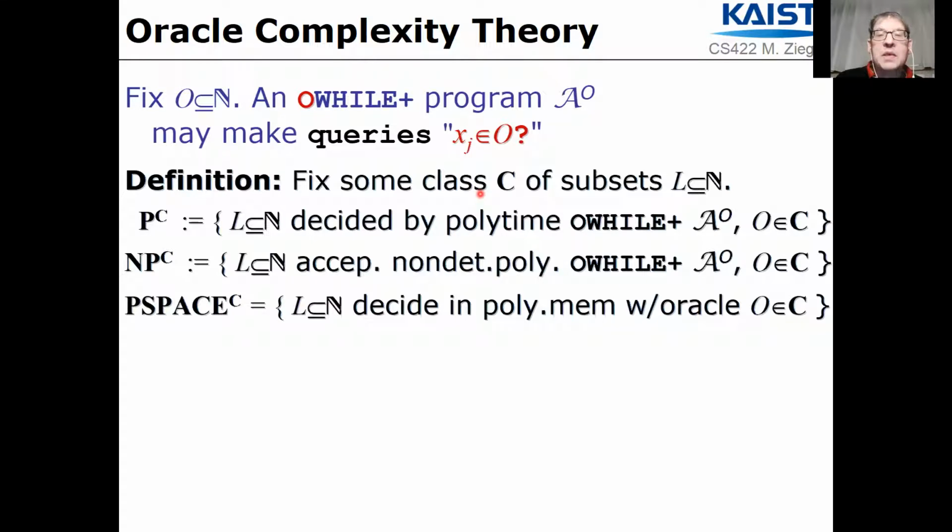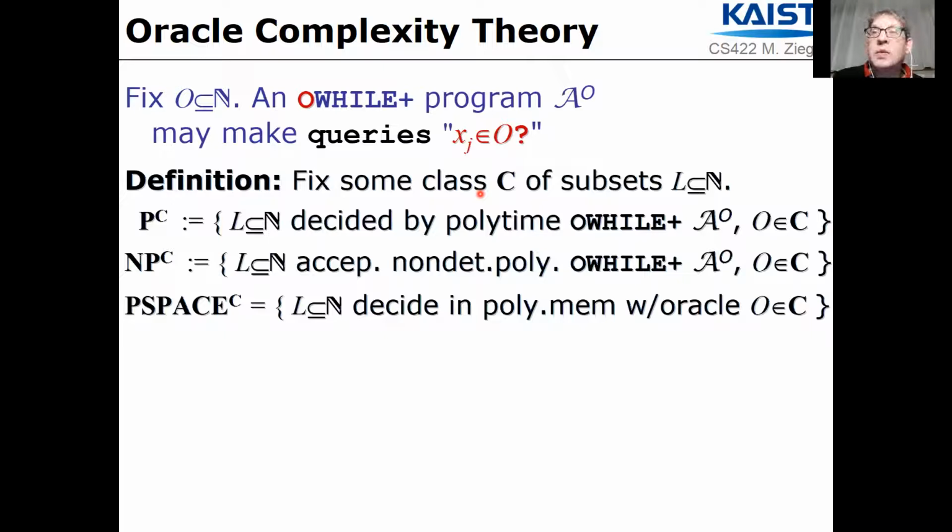Also, let me emphasize that the hierarchy that we considered at the beginning of complexity theory, namely that P is contained in NP, is contained in PSPACE, carries over.